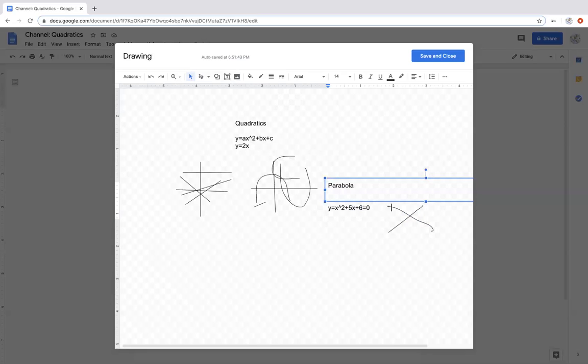So you would write here 5 and here 6. Now the way to solve this is you have to write here in this area and this area, you would have to find two numbers that add up to 5 and that multiply to 6. And obviously those two numbers are 2 and 3.